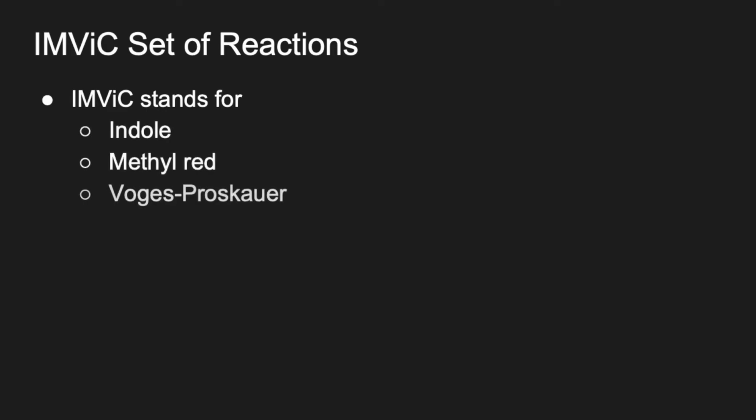So this next slide, we're going to start getting into something called IMVIC. IMVIC is a set of reactions that we can use. It uses the first letter of all these different tests. It stands for indole, methyl red, Voges-Proskauer, and citrate.